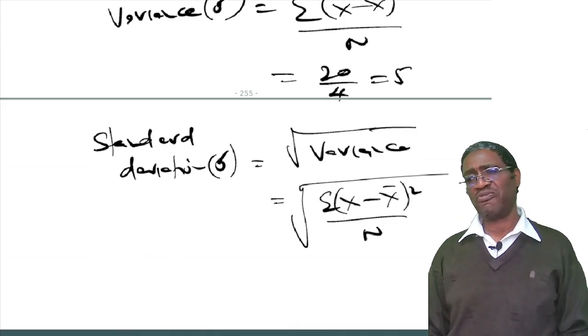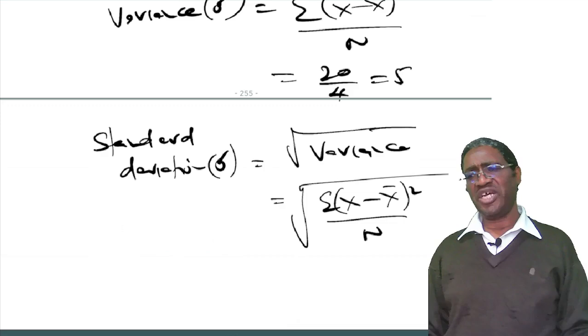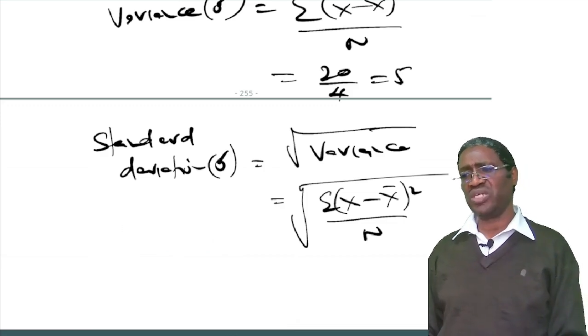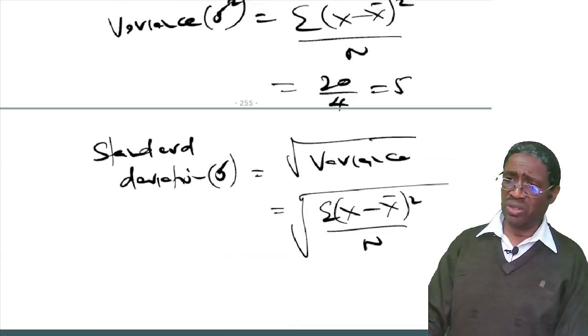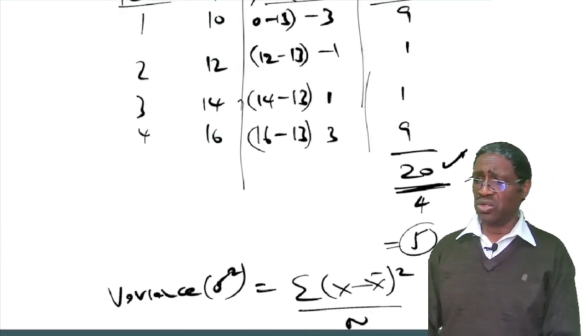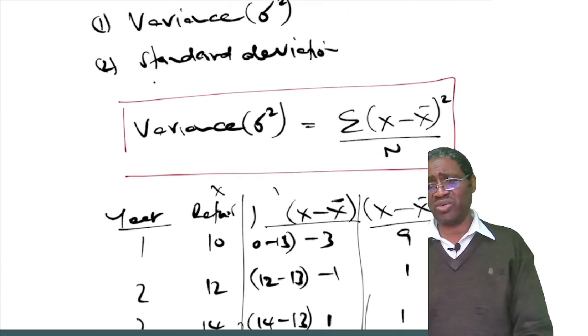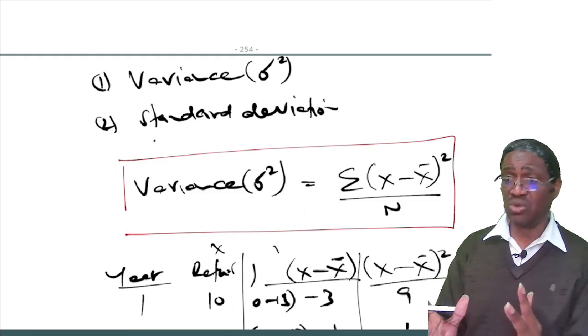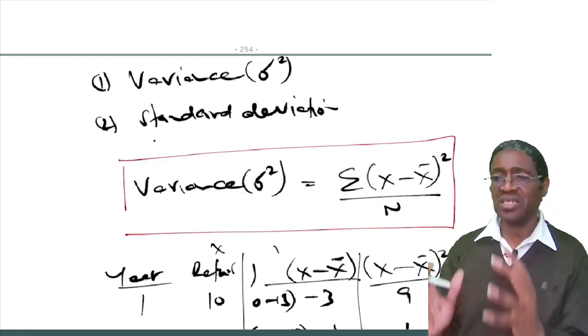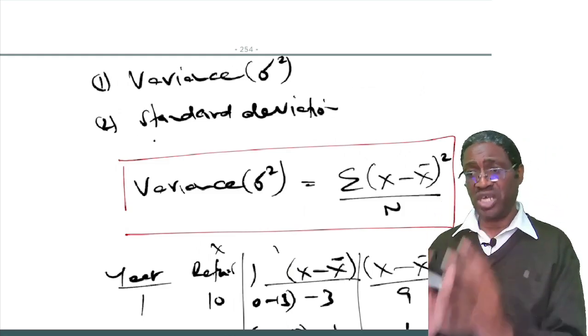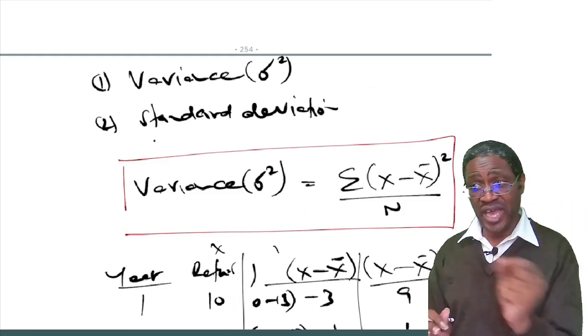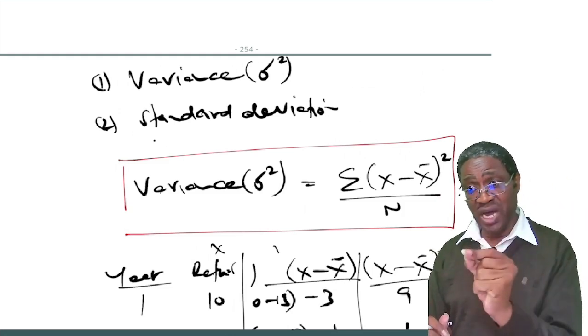Good. Before we continue, let's put down what we have already said. What we have already seen is how to calculate the mean of a single security: the summation of x divided by n.